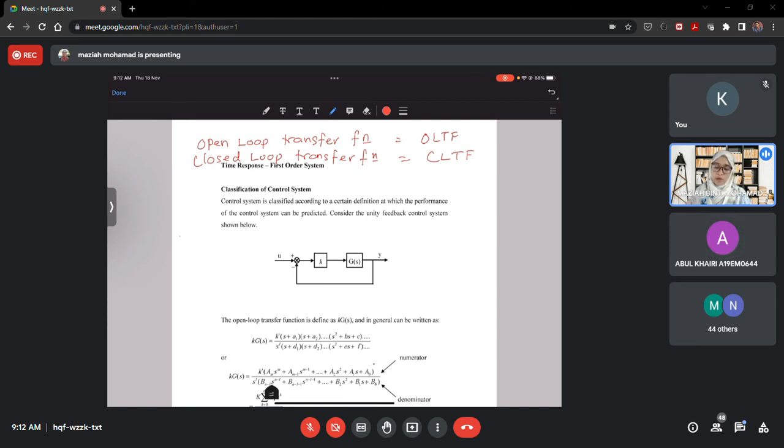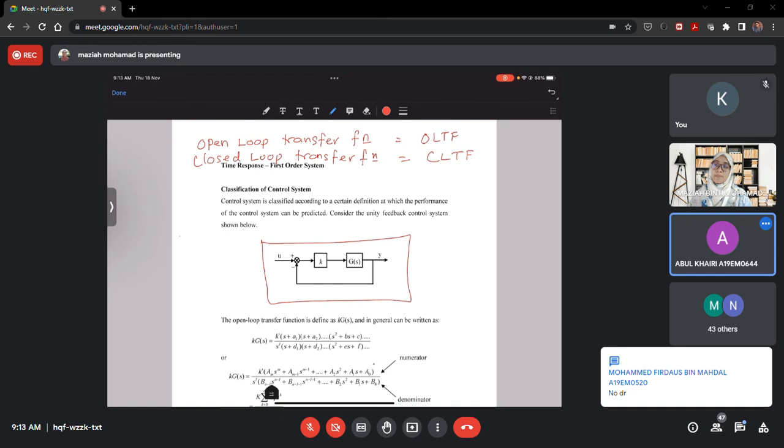So let's consider this block diagram here. Anyone can tell me the equation for the closed loop transfer function? Do you know the closed loop transfer function? Firdaus?